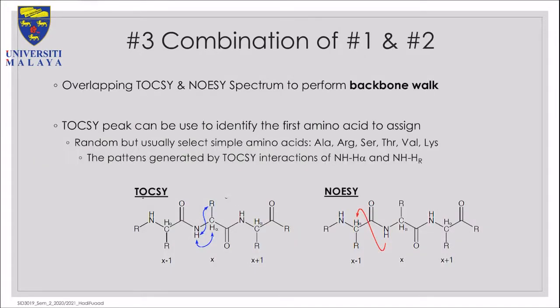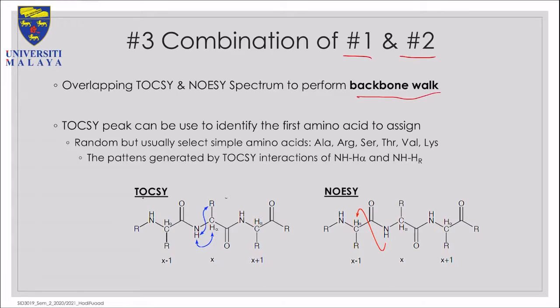All right, moving on to the third step. The first step is to identify the amino acid by using either COSY or TOCSY. TOCSY is even easier. The second is to look at which amino acid is adjacent to it. The third is to use information from number 1 and number 2 to actually do a backbone walk.